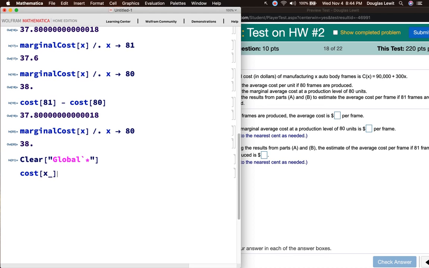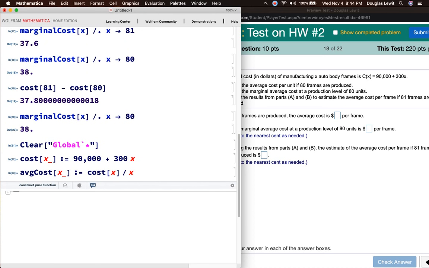Cost of X is equal to 90,000 plus 300X. Average cost of X is equal to the cost of X divided by X. And the marginal average cost of X is equal to the derivative of the average cost.